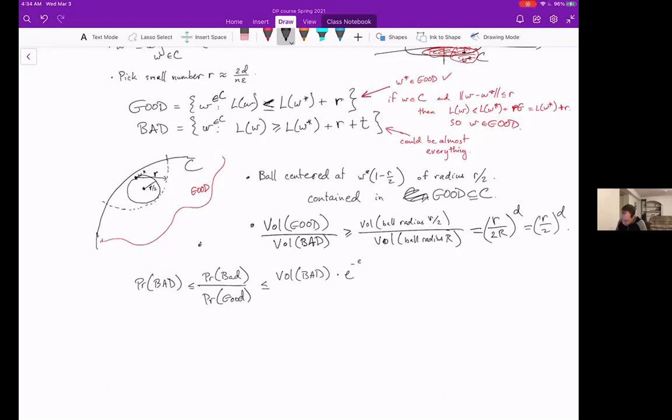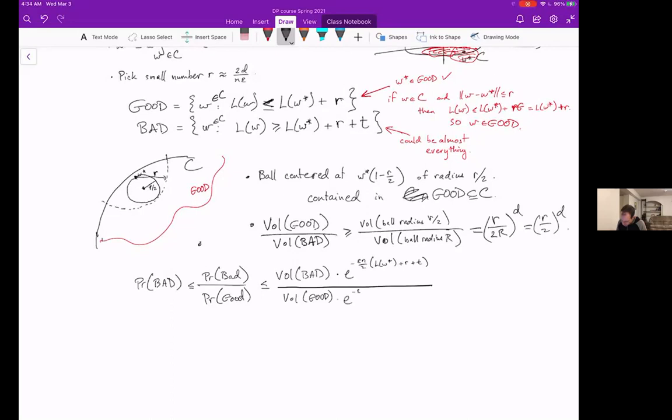So I had epsilon n over 2 times the loss of W star plus R plus T. And then everything in the good set has score at least e to the minus epsilon n over 2 times the loss of W star at W star plus R.